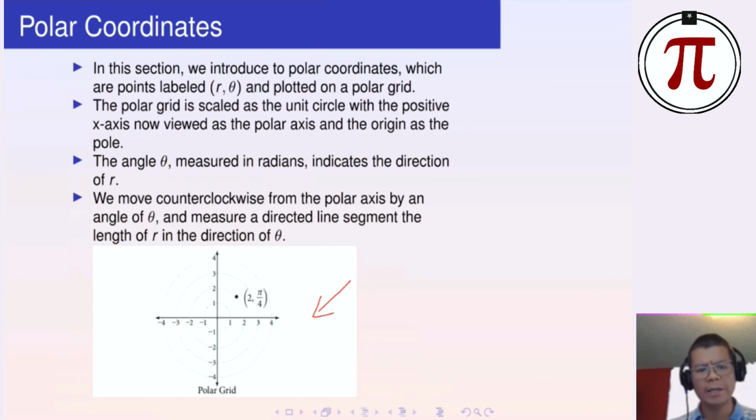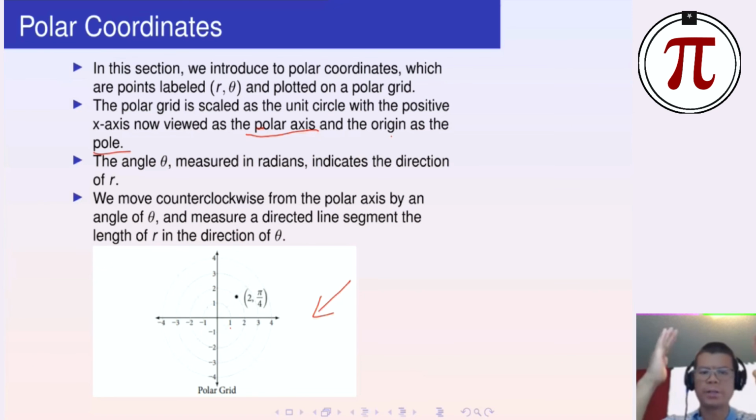With the positive x-axis, you can see 1, 2, 3, 4, and negative, so -1, -2 as well there. The positive x-axis is now viewed as the polar axis, and the origin as the pole. It is something like a signal tower.